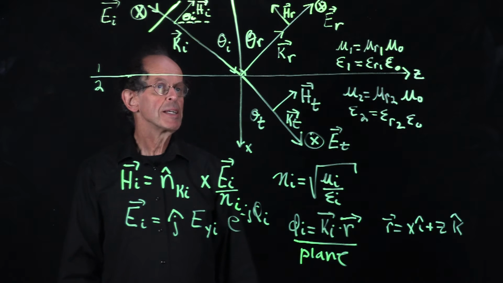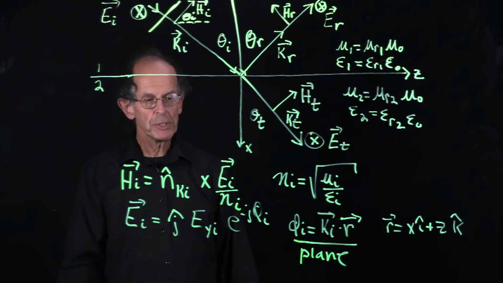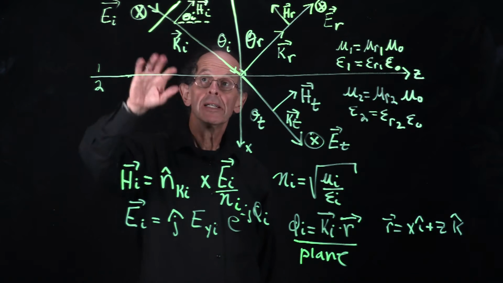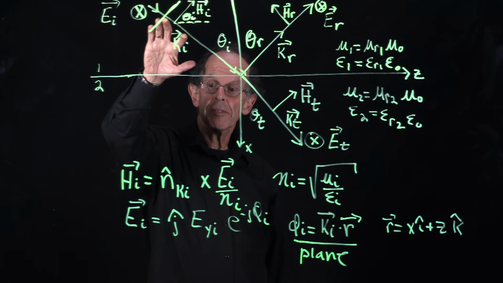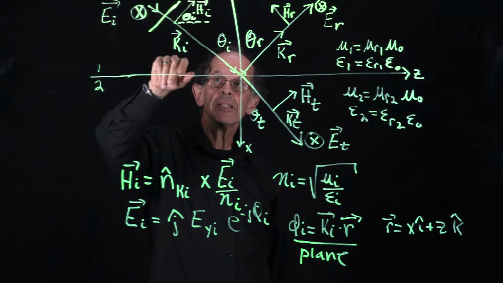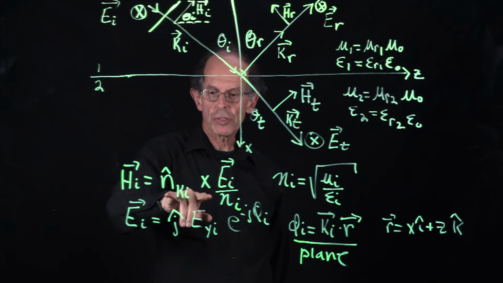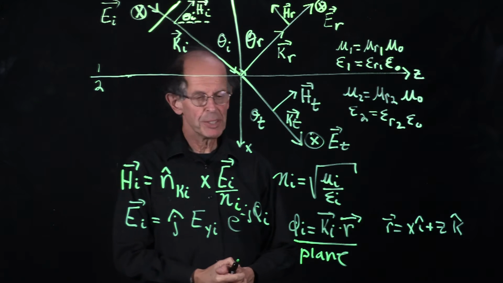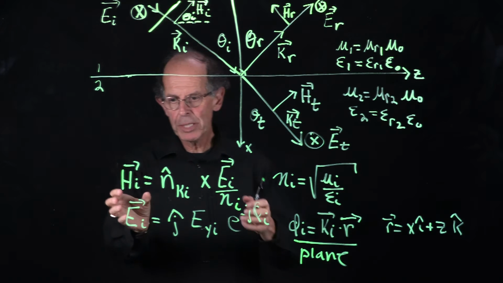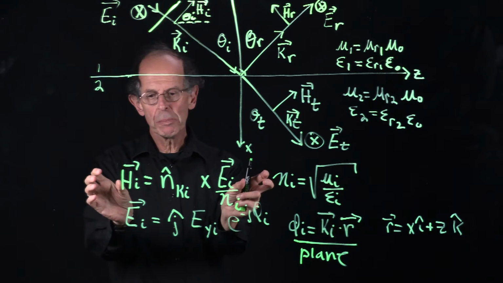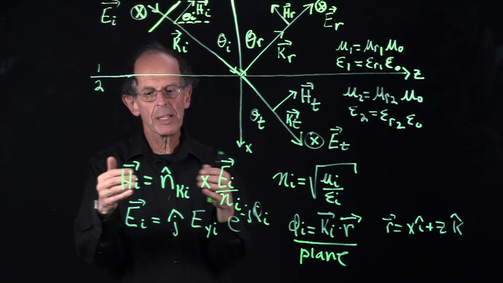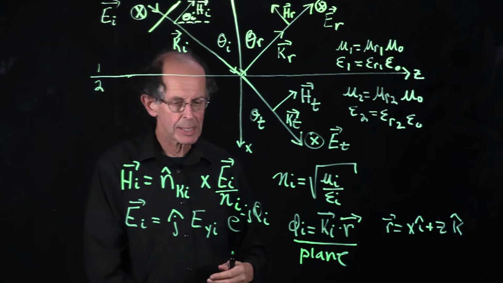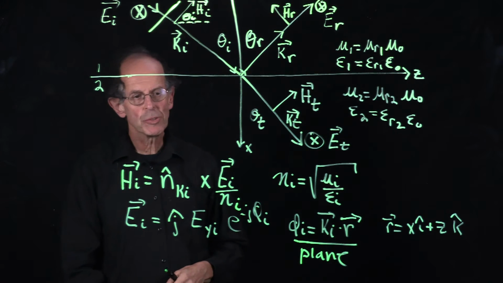The job then, as we'll see, is to compute the k vectors. We know the directions of the k vectors, and we then have to use this cross product to compute the magnetic field vectors. Notice that when we do this, the phase will be the same on each side, so we'll actually use this cross product to look at the amplitudes themselves.